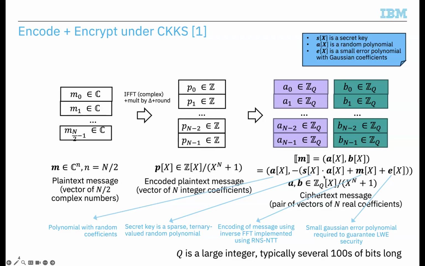So now the point is the coefficients of the polynomials are in Z_Q. Z_Q just means it's an integer modulo a big number Q. Q is a large integer, typically several hundreds of bits long, and there's a special format called residue number system that is used to represent such a large value in modern machines efficiently, and I'll come to it.